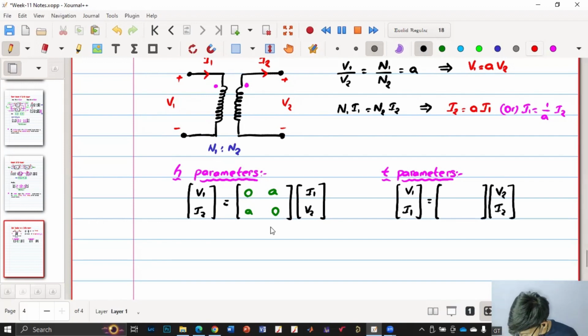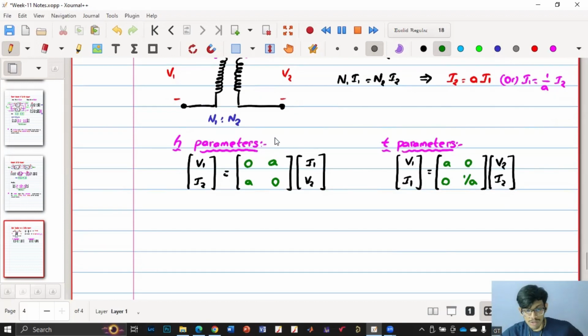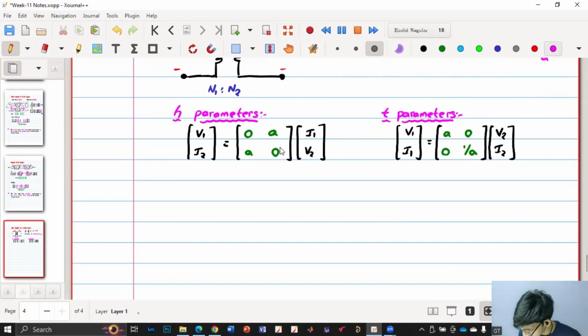So now if you see, we have V1 equal to A V2 plus 0 I2, and I1 equal to 0 V2 plus 1 by A I2. So this becomes our H matrix, and this becomes our ABCD matrix.